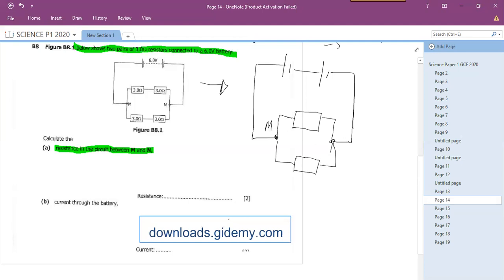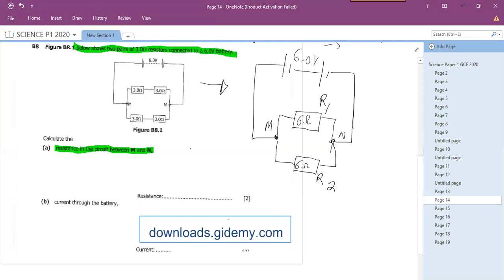This is point M and this is point N. Total voltage is 6.0 volts. So this is 6 ohms and that is 6 ohms there. The resistance between these 2 points is the total resistance. Now they are no longer connected in series. These two resistors, R1 and R2, are now in parallel to each other.